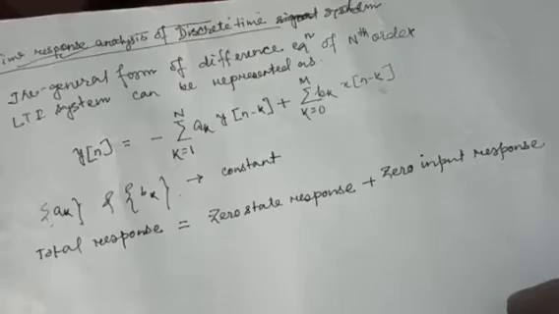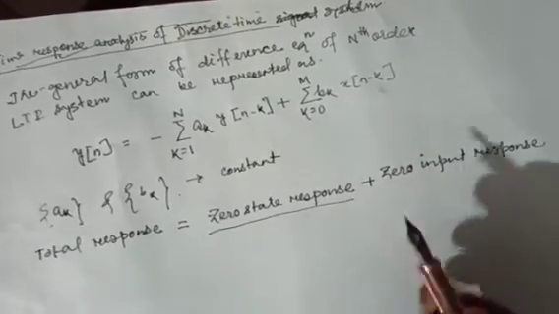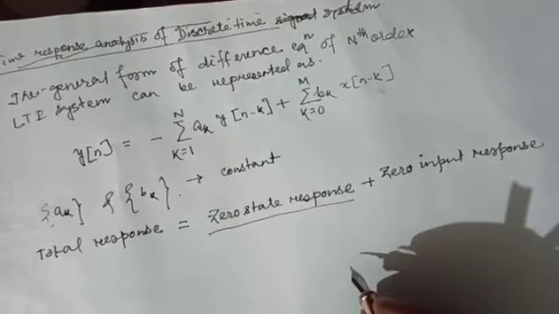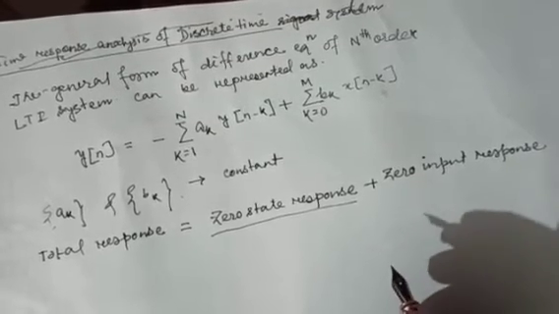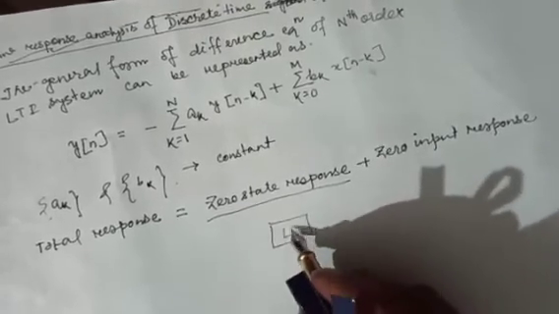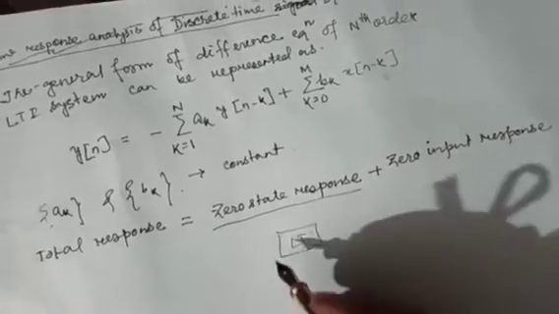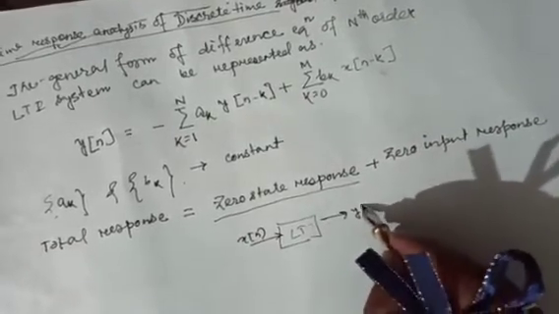Now this zero state response means the response of the system due to input alone. That means this is your LTI system, any LTI system, okay. For these LTI systems, suppose there is some input x of n and the response y of n.